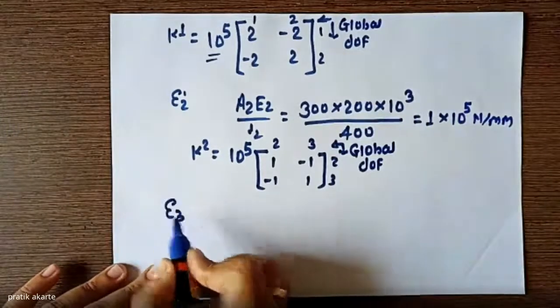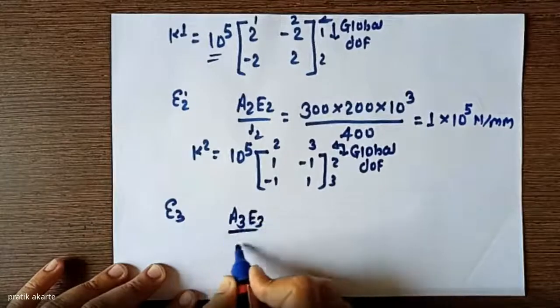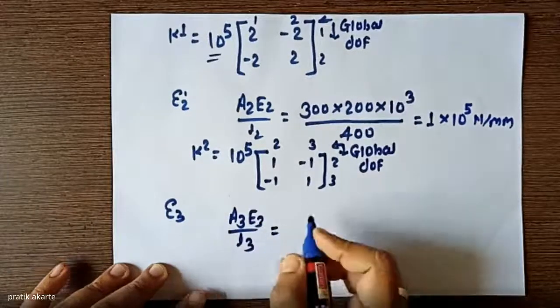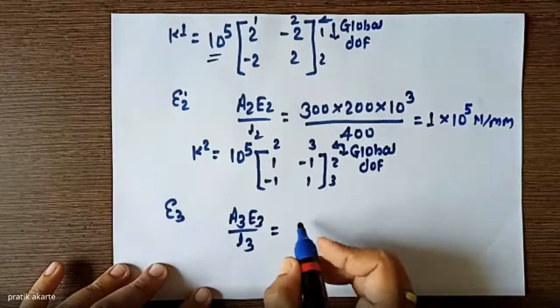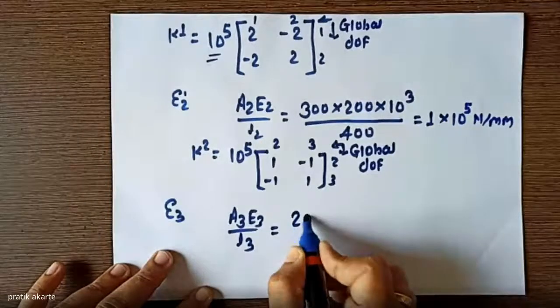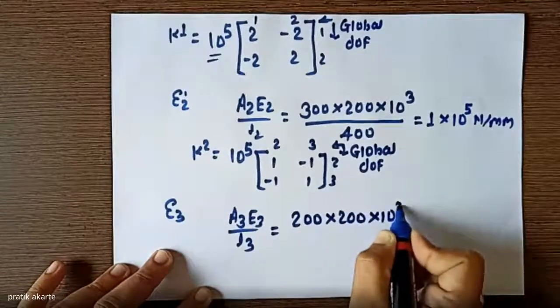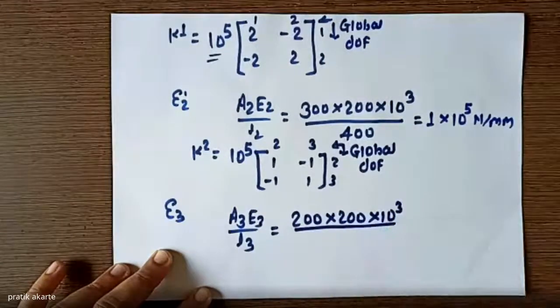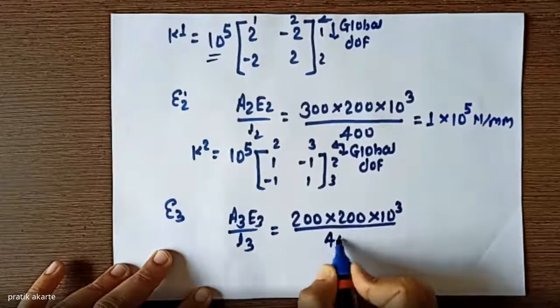Similarly, for element number 3, it is A3 E3 by L3, which is equal to 200 into 200 times 10 to the power, upon length of the element, which is 400.